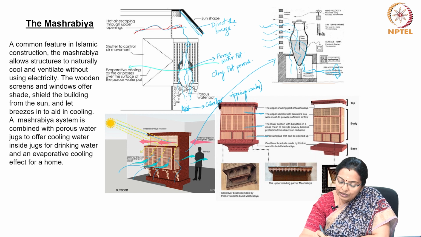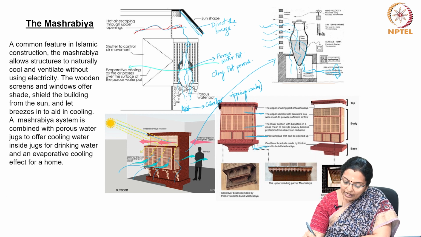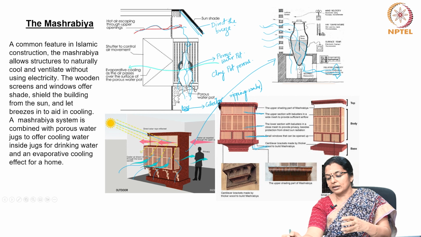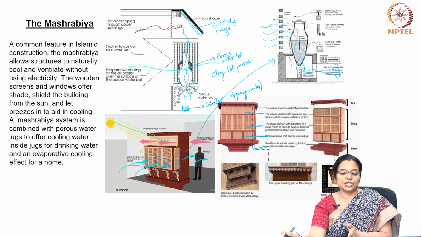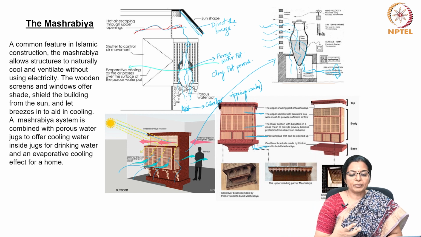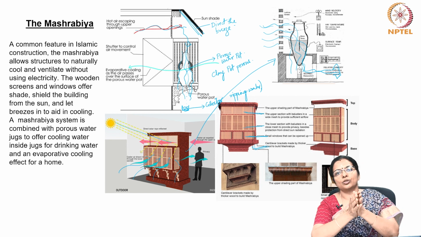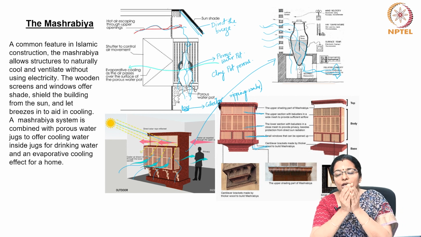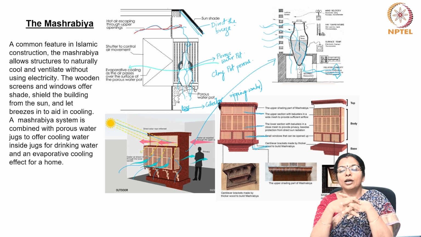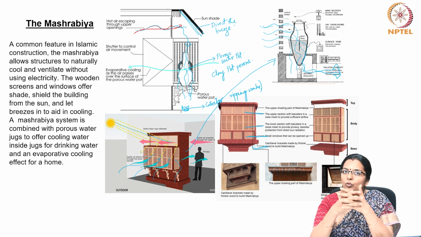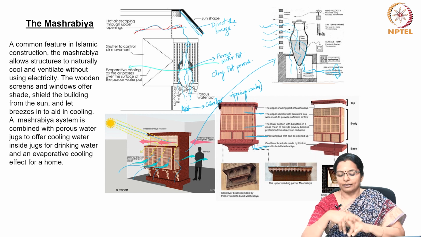You have small windows which are openable, and then there are cantilever brackets, and this whole element becomes an architectural feature of Islamic architecture, and it is called the Mashrabiya. But actually it functions to cool the breeze inside through direct evaporative cooling in a passive manner.